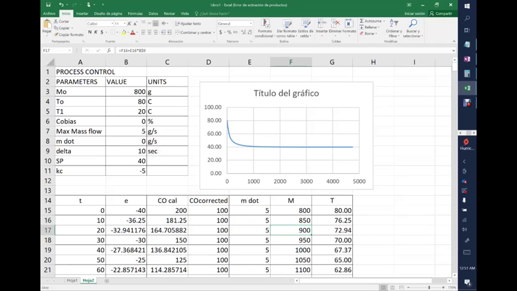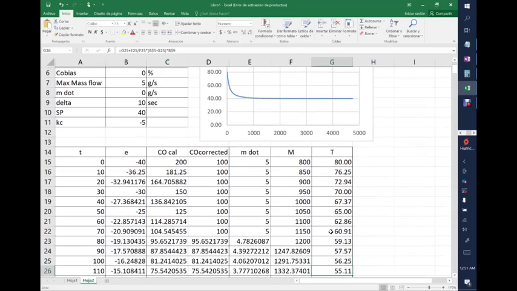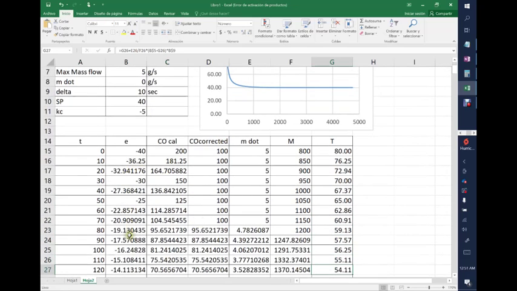There we go. So we got that, and as you can see, for the next line the error dropped to 36. Now if I keep dragging this, eventually you see that the error in this column gets smaller and smaller, and the flow after 70 seconds starts to get smaller, 4.78, 4.39, 4.377, smaller and smaller.